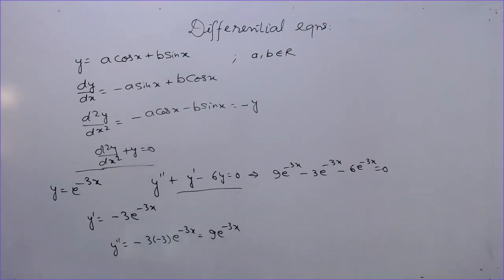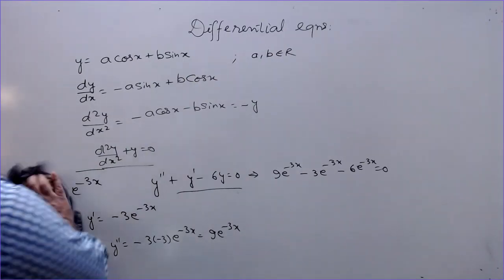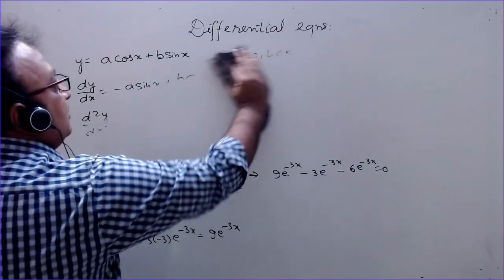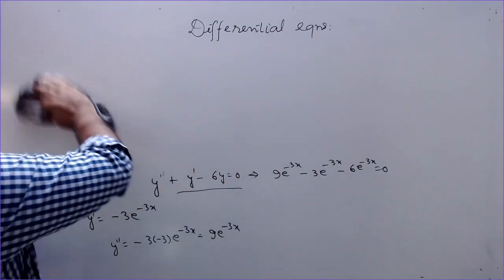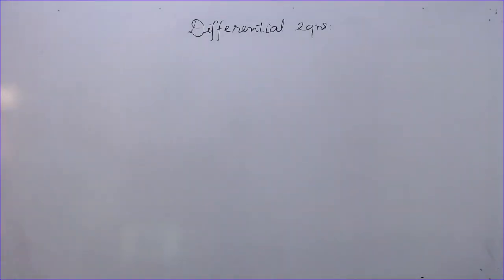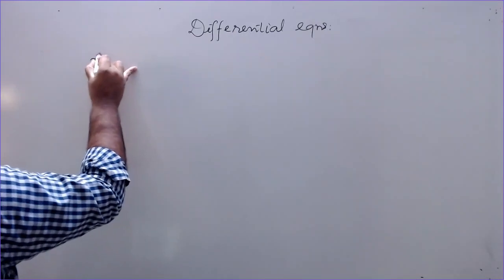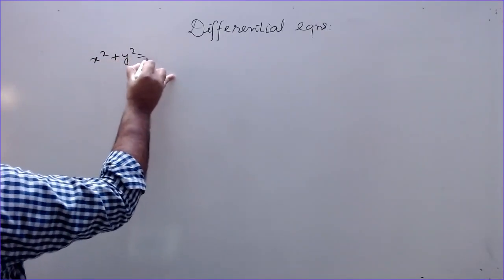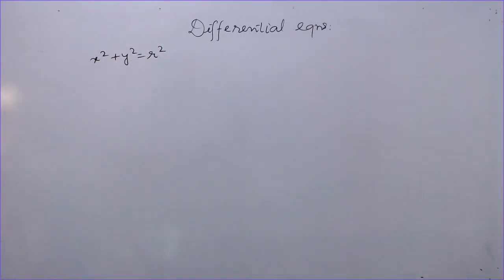So in general we can say that differential equations represent a family of curves. What is a family of curves? We have discussed the family of a curve in integration and in differentiation also. What is represented by this equation? What is r here? r is the radius.